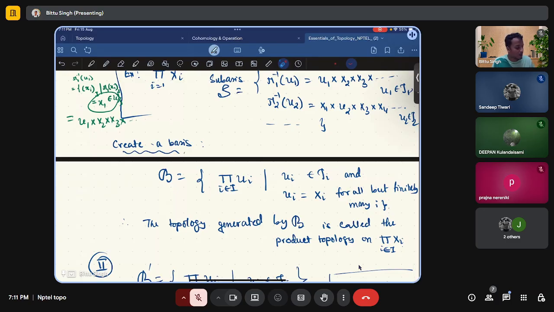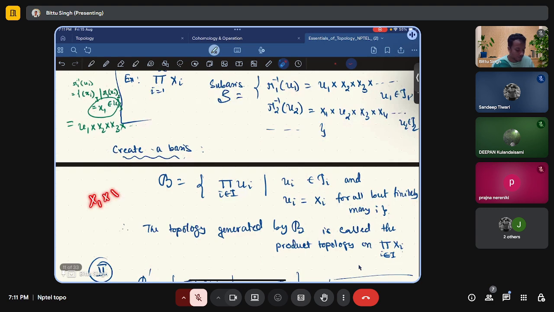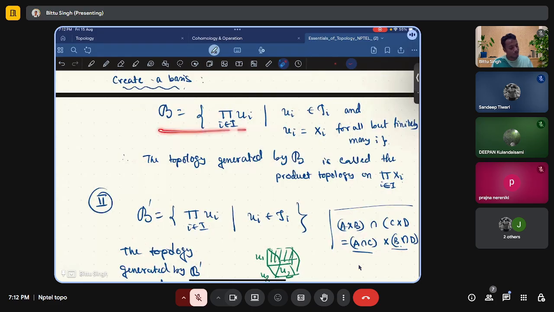So the condition that except for finitely many i, ui is the same as xi is already absorbed in this definition. If you do not write it, there is no issue for a finite product. For example, if we consider the product x1 cross x2 up to xn, in that case B and B dash are the same.